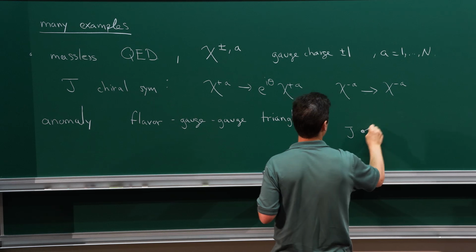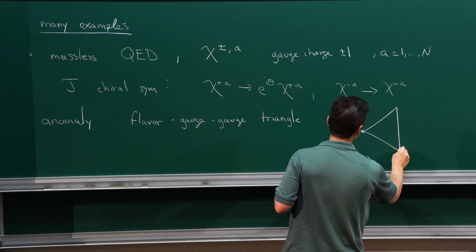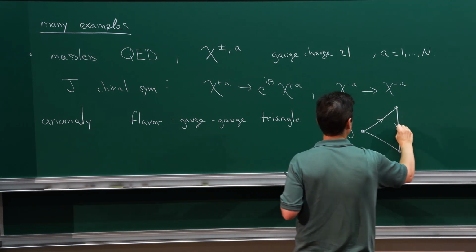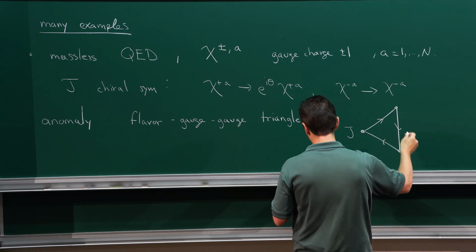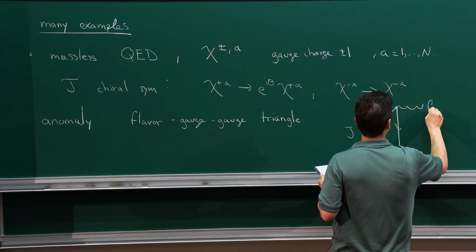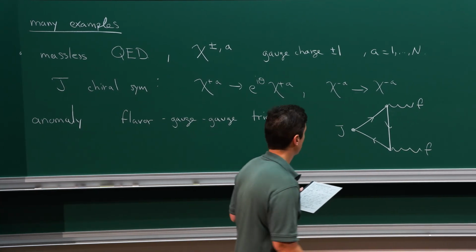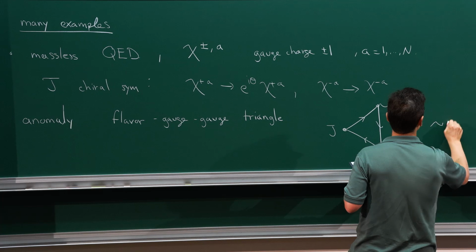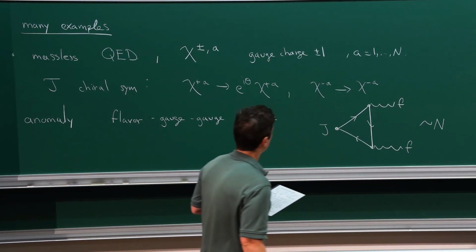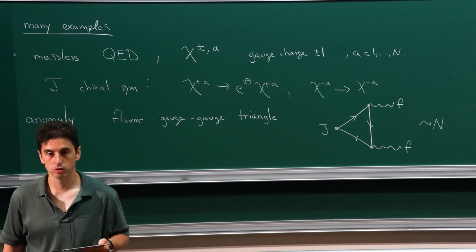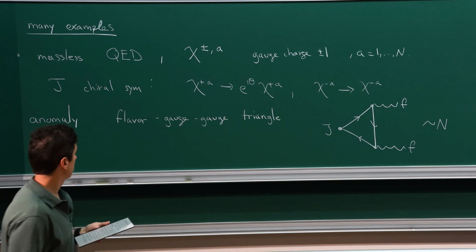Here is J. And now here is this field strength operator F, and this is proportional to N. Now note the similarity to what we were doing yesterday.